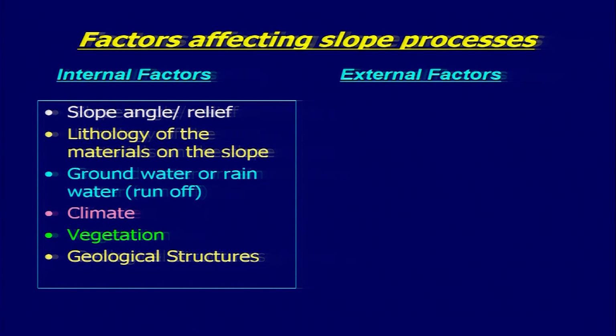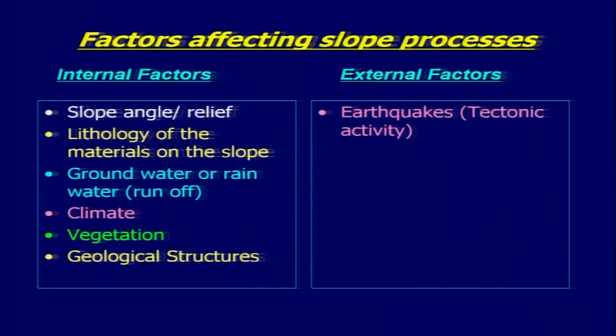So, these are several factors which affect slope failure, or which help create an ideal condition for slope failure. External factors are tectonic activities, earthquakes and volcanic activity.